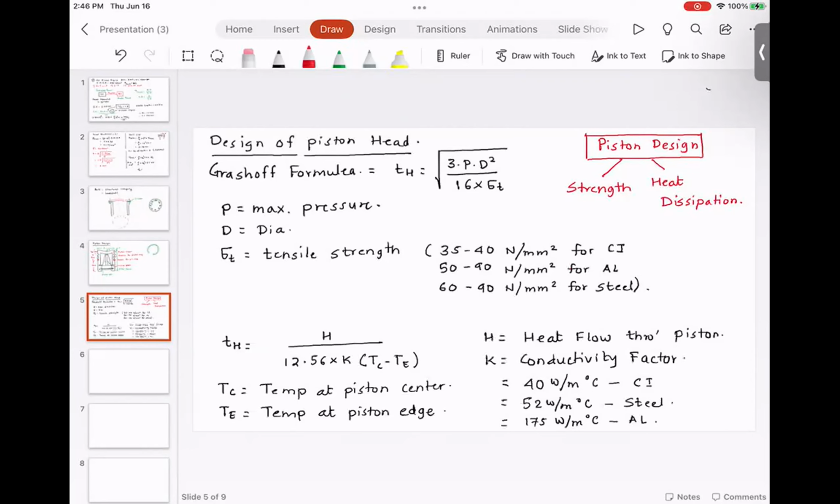And typically Tc minus Te is approximately 220 for cast iron and 75 for aluminum.